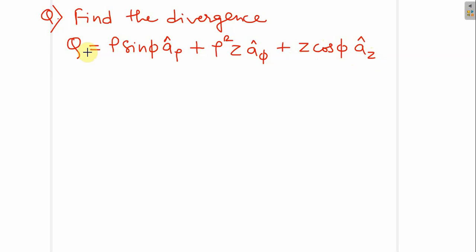You have to calculate the divergence. It is clearly seen that the coordinates are rho, phi and z, so it is given in the cylindrical coordinate system. So you have to use the formula for the cylindrical coordinate system and get the divergence.